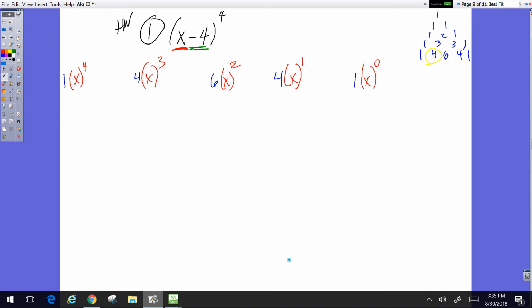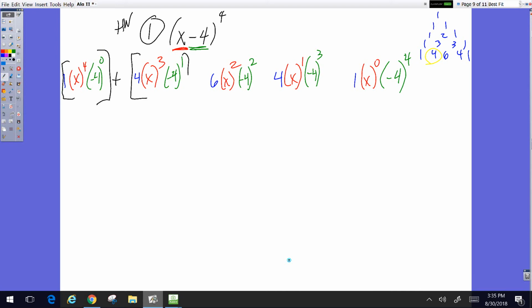So the second term is negative 4. Right here we start with 4, and then I go down to 3, and then I go down to 2, then I go down to 1, and then finally 0. One at a time.